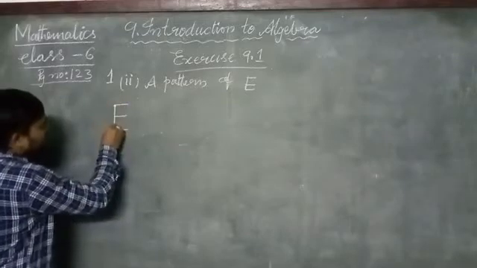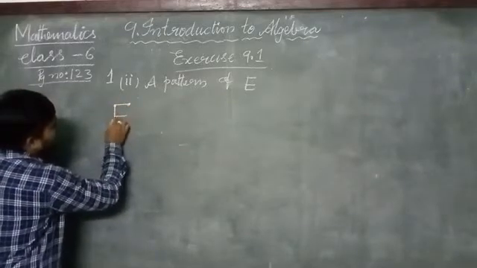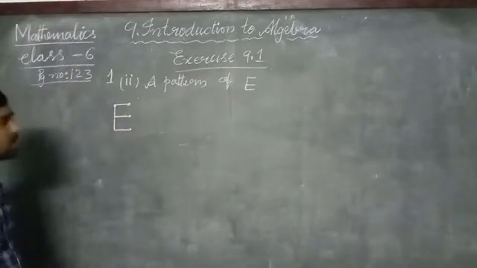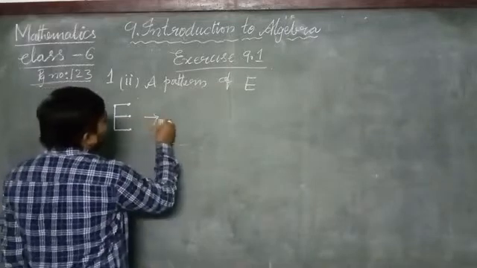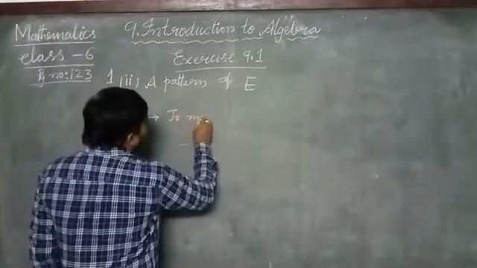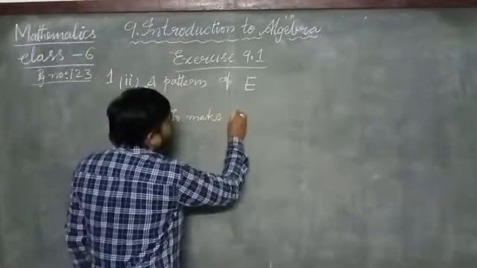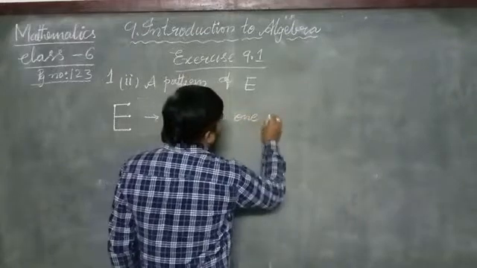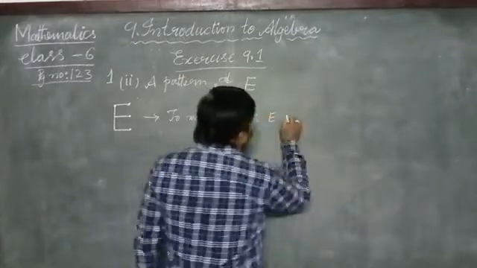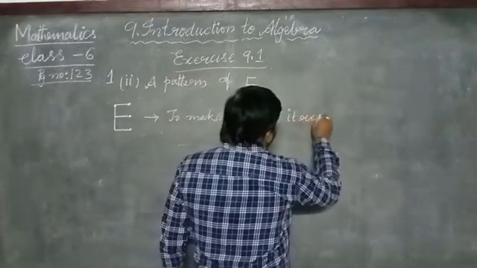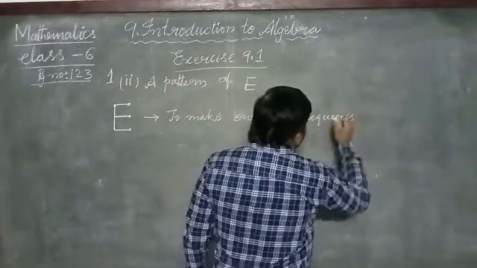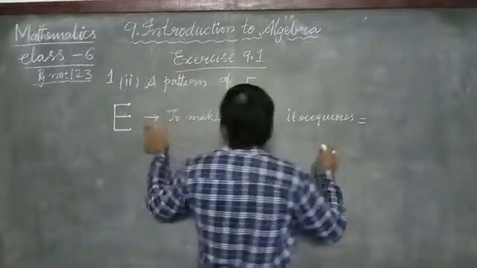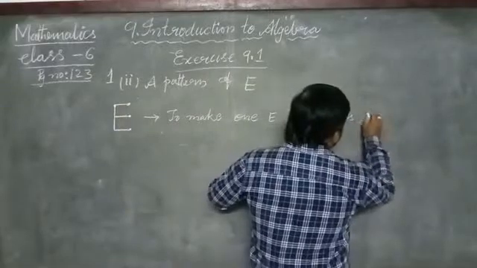This is 1, 2, 3, and 4. To make 1 E, how many matchsticks does it require? 4. 1, 2, 3, 4. 4 matchsticks.